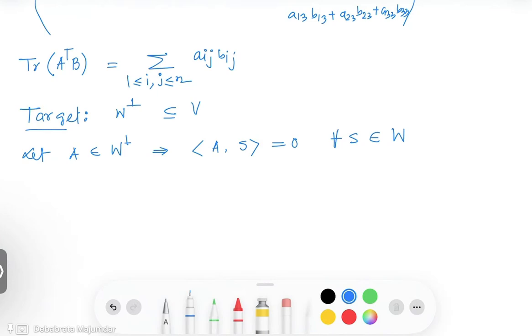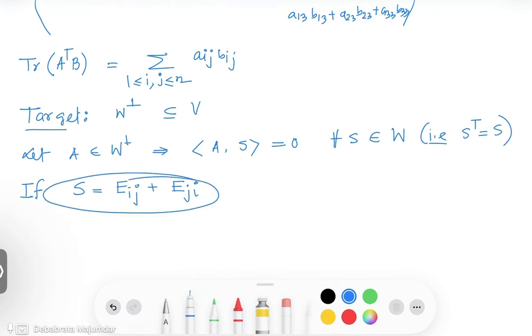Okay, so now take S equal to E, where S is symmetric, so I am saying S transpose is equal to S, right? Now I am interested in this element.